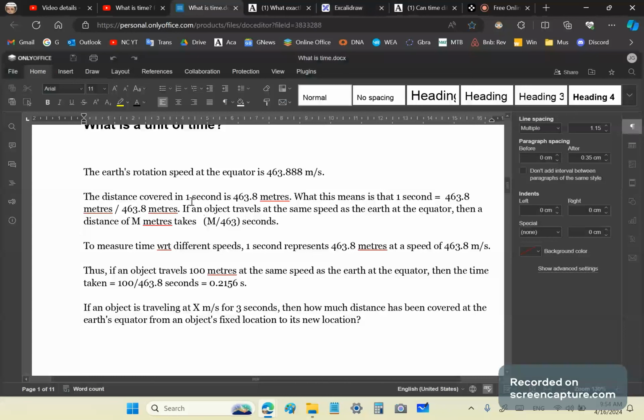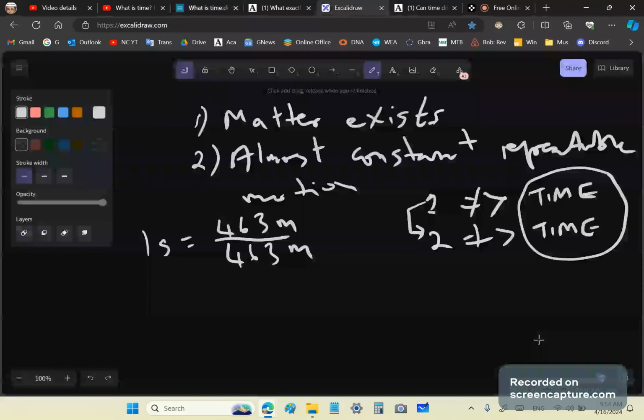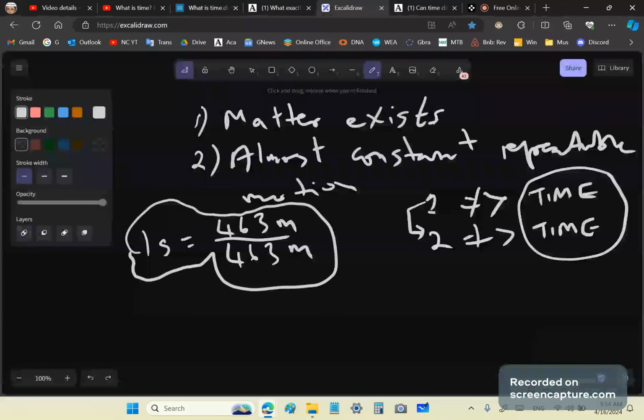And that's our clue as to how we define unit. How do we define second? 1 second is simply 463 meters divided by 463 meters. It's as simple as that. So now you have a time unit, which is a second.